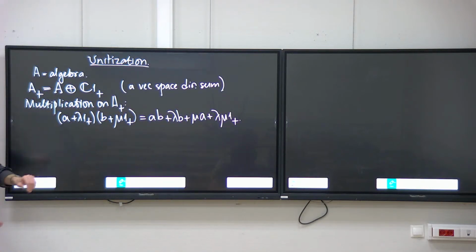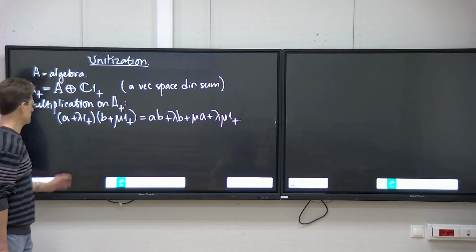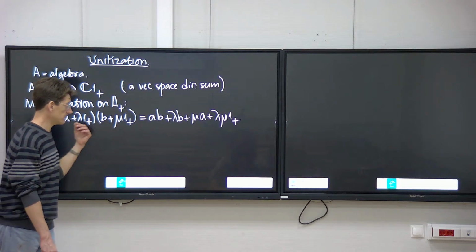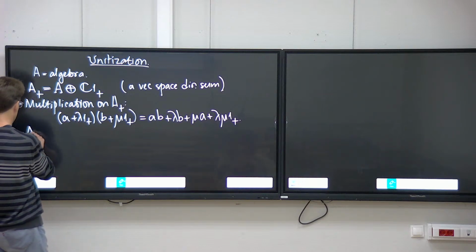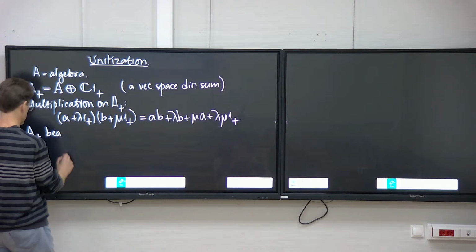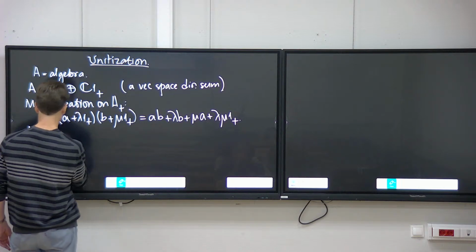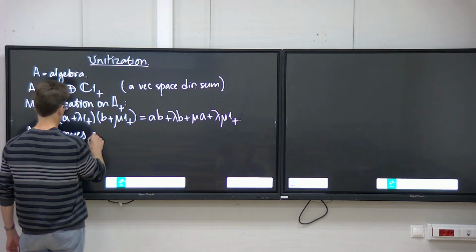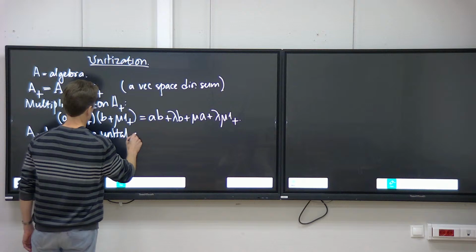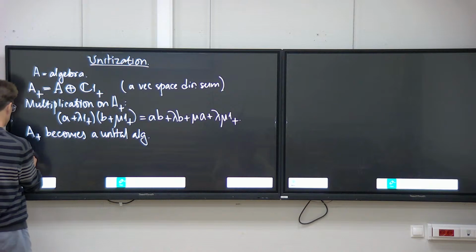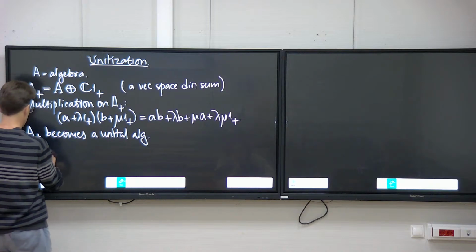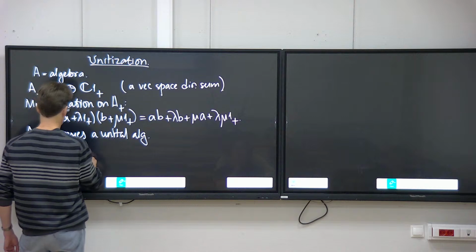We just use the requirement that this new element 1 should be an identity. And it's very easy to check that this multiplication is associative, so it makes A plus into a unital algebra. This algebra is called the unitization of A.